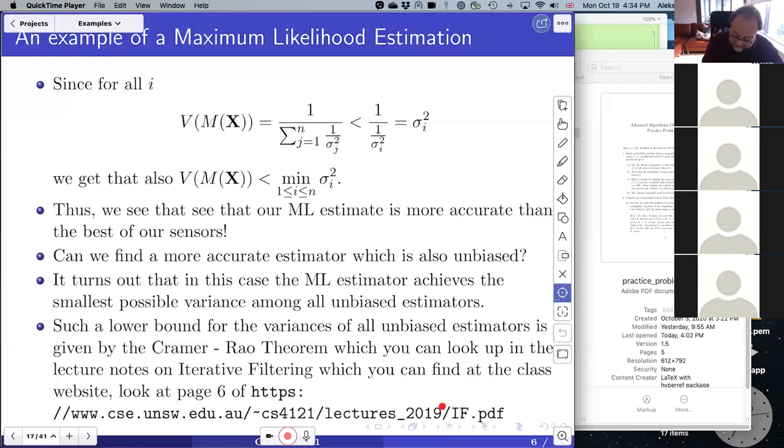I'm not sure if we will have time to cover it this way, but on page 6, you can find a proof of a famous theorem that says that precisely this variance, which was produced by the maximum likelihood estimation, is the smallest possible among all unbiased estimators. So you cannot beat the maximum likelihood estimation.